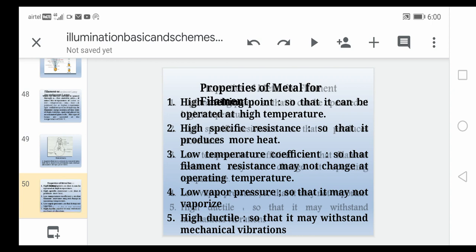It must have high specific resistance so that it produces more heat. It must have a low temperature coefficient so that filament resistance may not change at operating temperature. Next, a low vapor pressure so that it may not vaporize. And high ductility so that it can withstand mechanical vibrations.